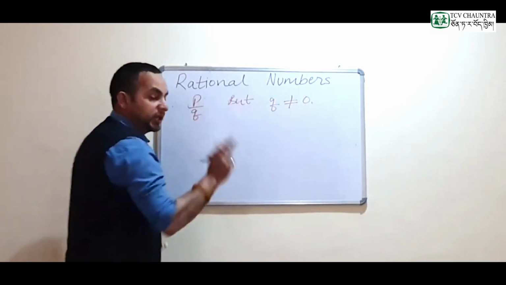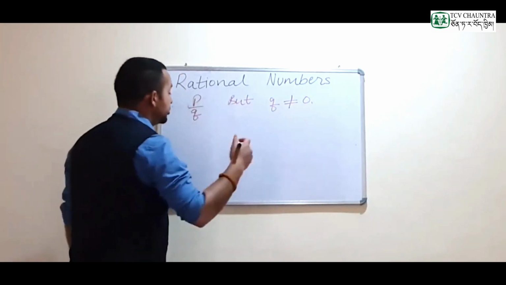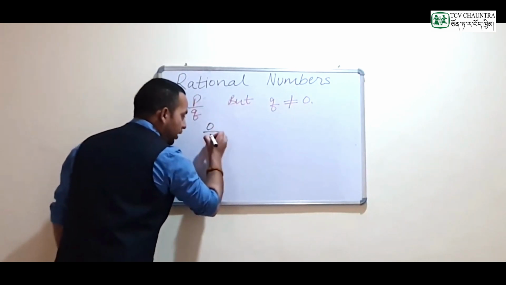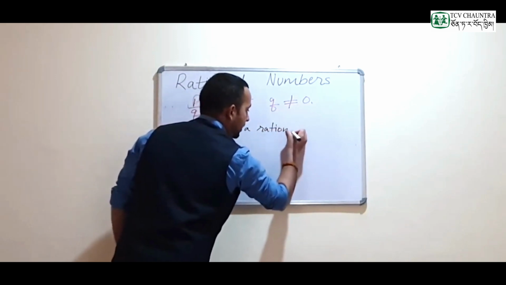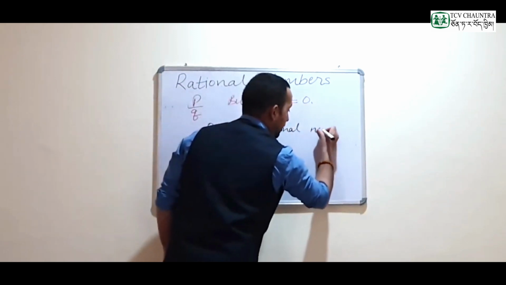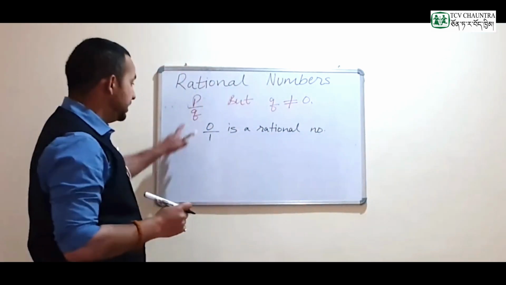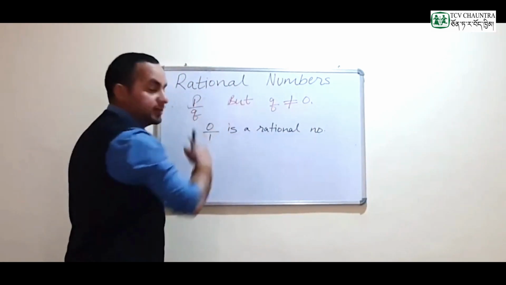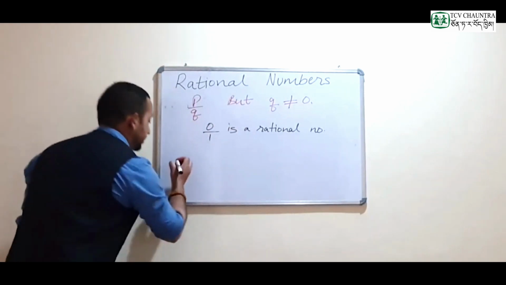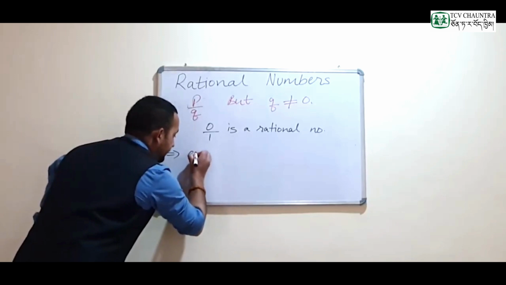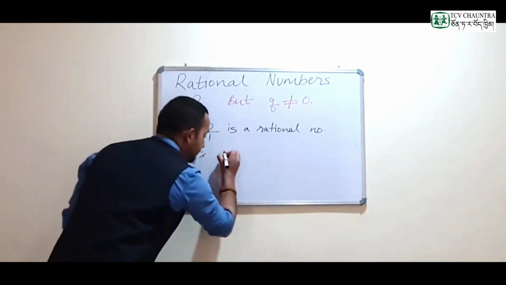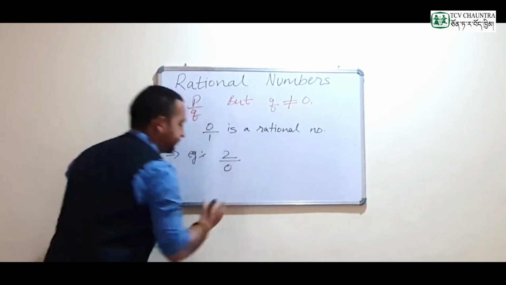p can be 0, so 0 upon 1 is a rational number, but q should not be 0. If you take q as 0, see what will happen. Suppose you take 2 upon 0.